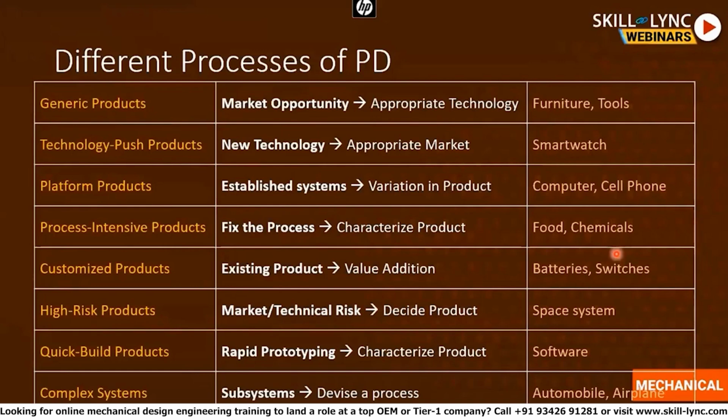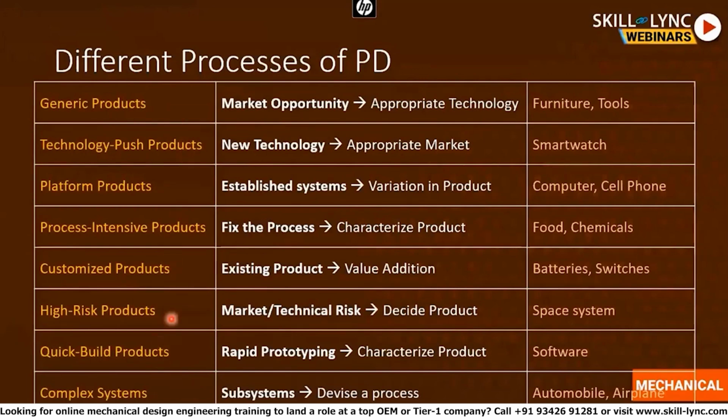So based on the experience of many organizations and based on the study of many doctorates in the universities, there are some 8 different types of products categorized. Again, this 8 is not the standard. There can be 10, there can be 12.